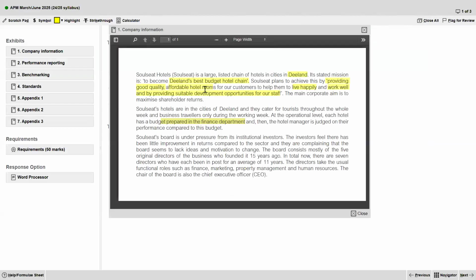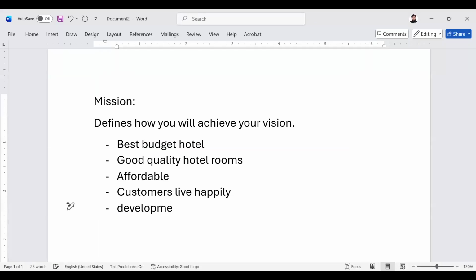Then at the same time, suitable development opportunities for staff. Right? Development opportunities for staff. Plus what else is there?